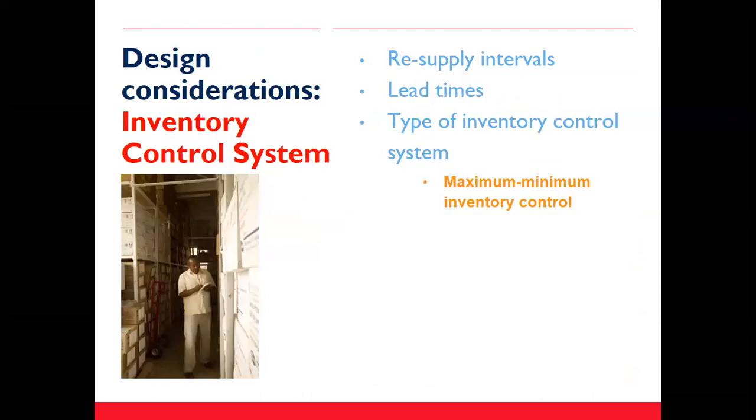Okay, great. So once you identify the pipeline structure, there are several considerations that go into the design of the inventory control system. One consideration is how frequently each level in the system is resupplied, and we call these the resupply intervals. Once again, you will need to consider the balance between availability of transportation and storage capacity.